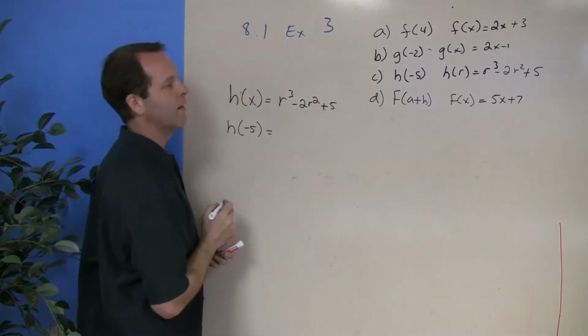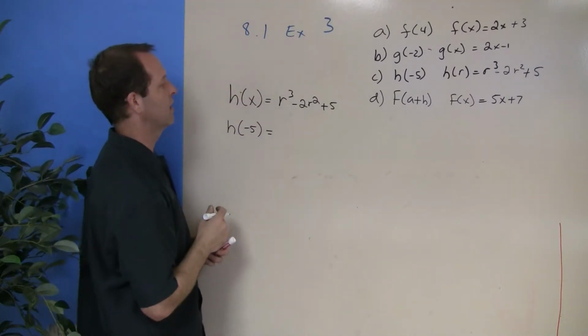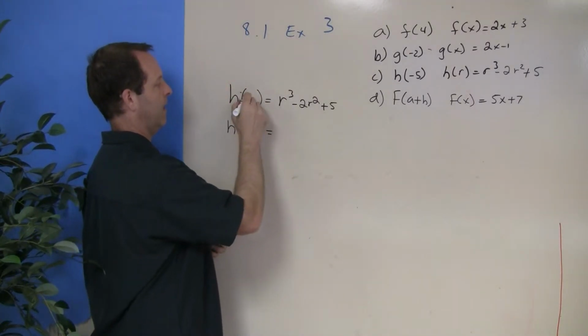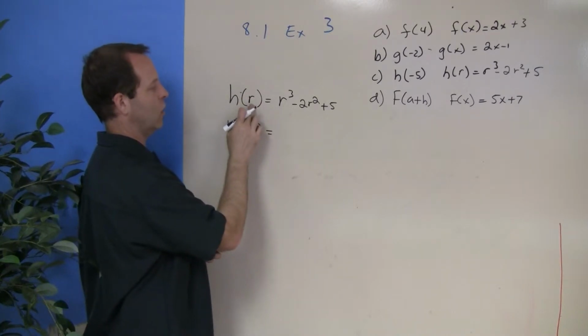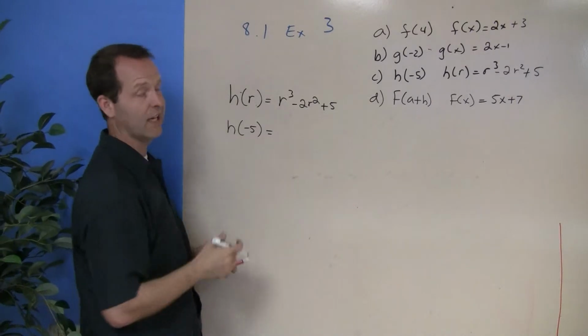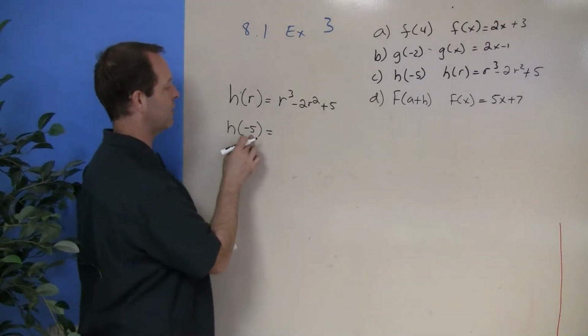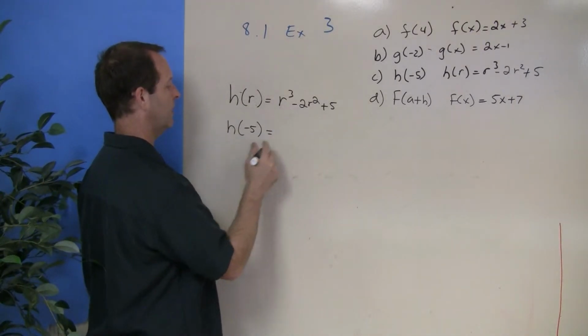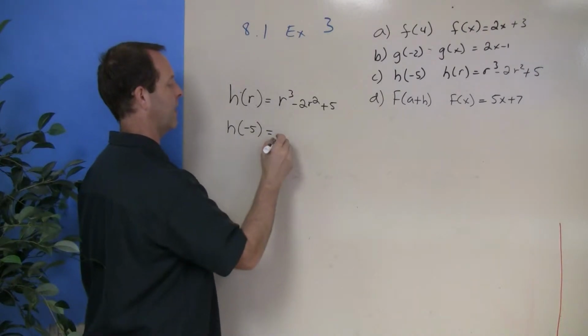That should be an r in there since the function is in r. And again, it doesn't matter if it's an x as long as this function is consistent all the way through. So we're just looking at h of r. So h of -5. So everywhere I see an r, I'm going to put in a -5.